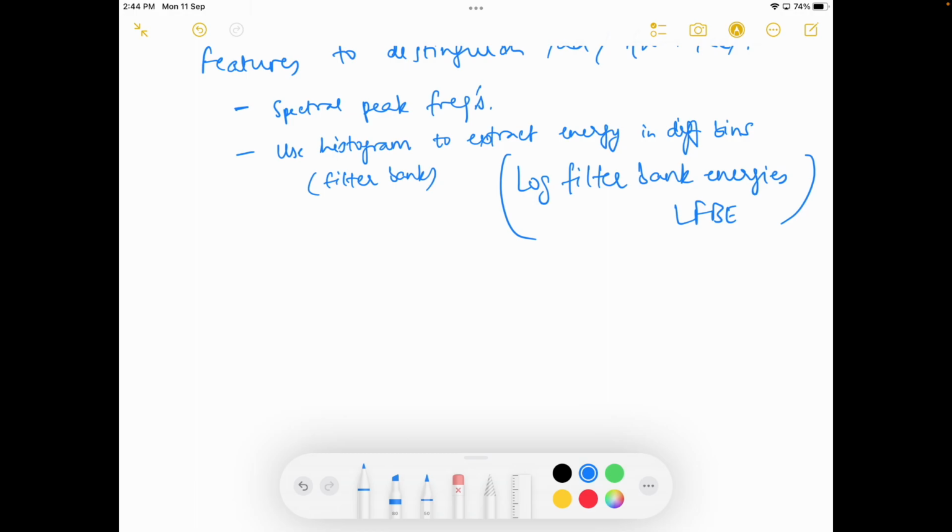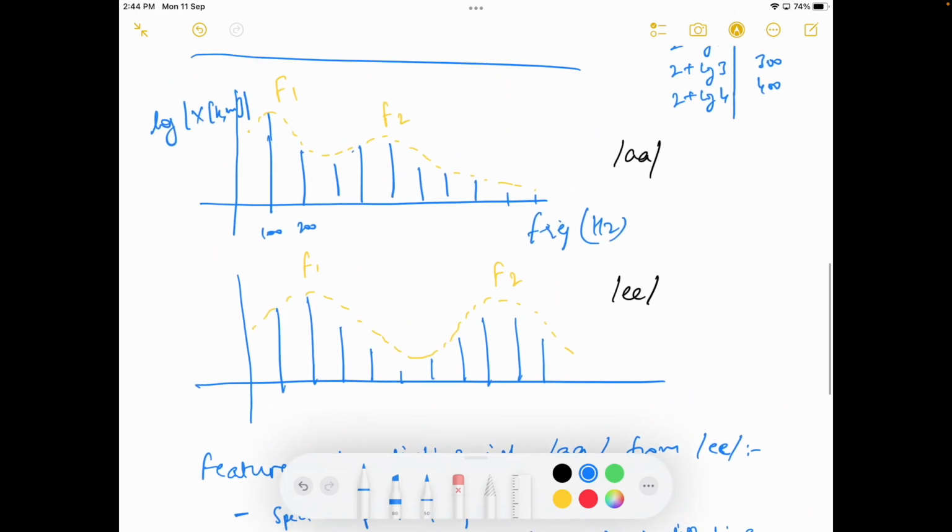Any other feature? Any other feature you can think of? Maybe I will help here. If you apply a Fourier transform on this, what will you get?